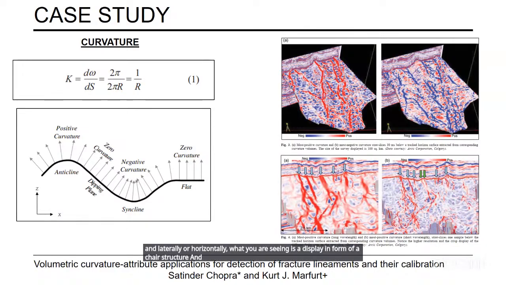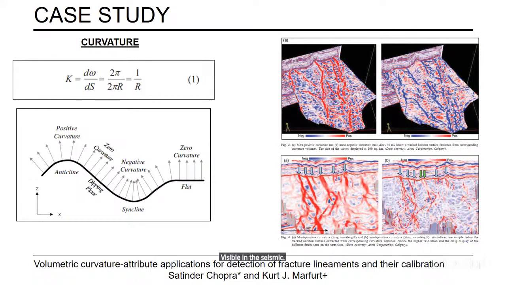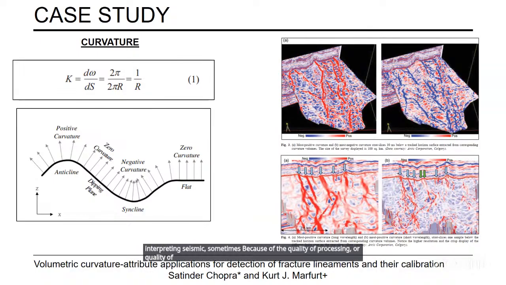This red and blue are delineating the faults which are present but not very visible in the seismic. When you are interpreting seismic, sometimes because of the quality of processing or acquisition, the continuity of the fault or the fractures might have a limitation.